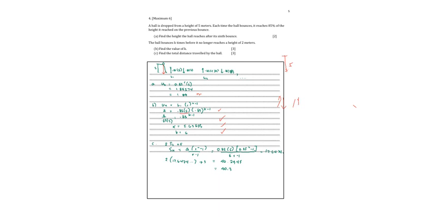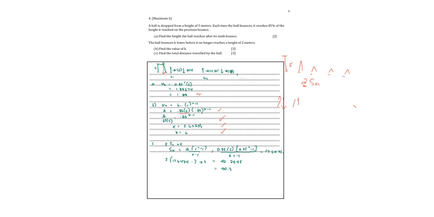If we only take the summation of up, it will be s sub n. But since it doubles up and down, we solve it twice.